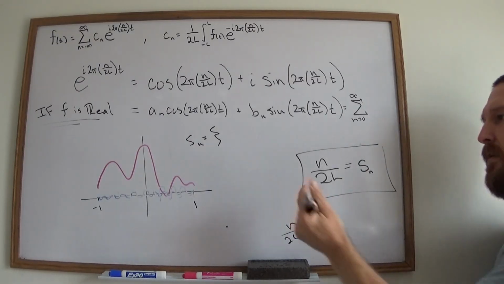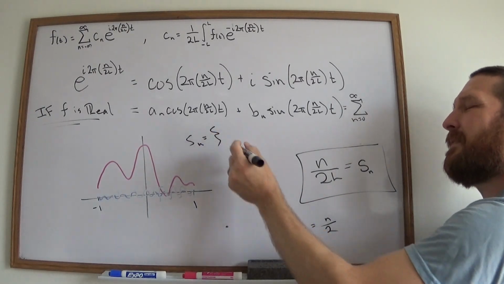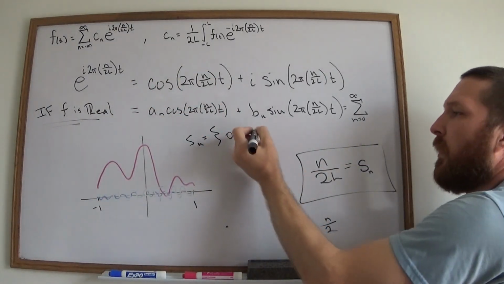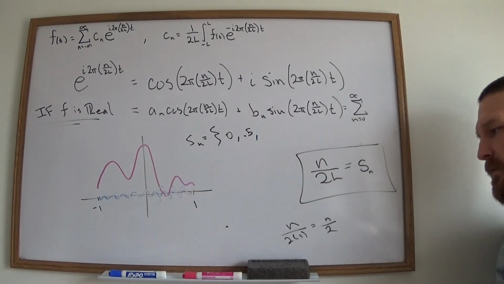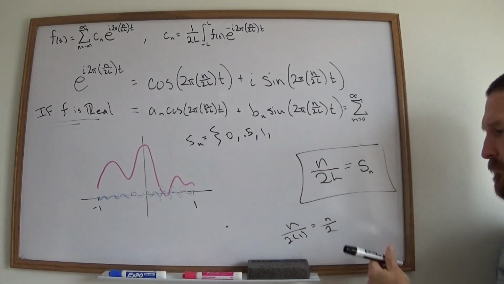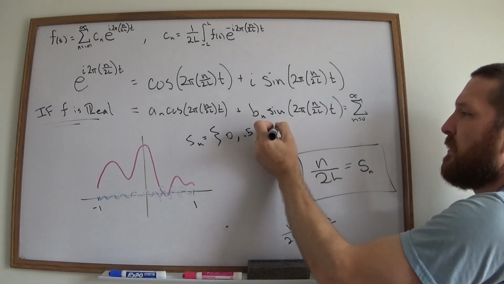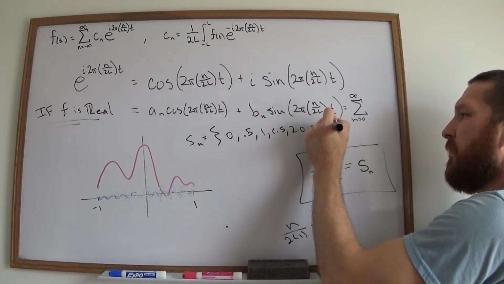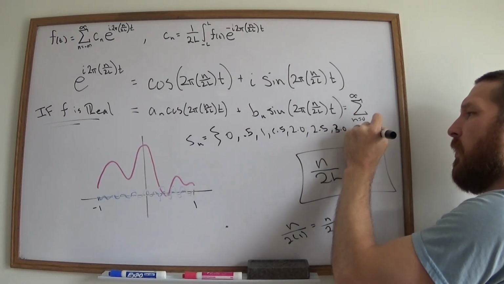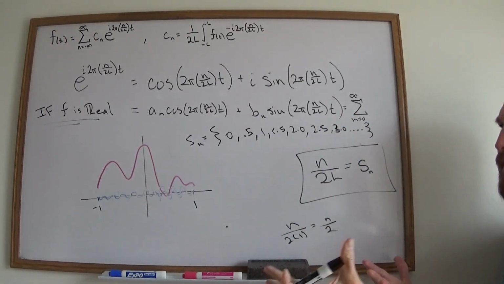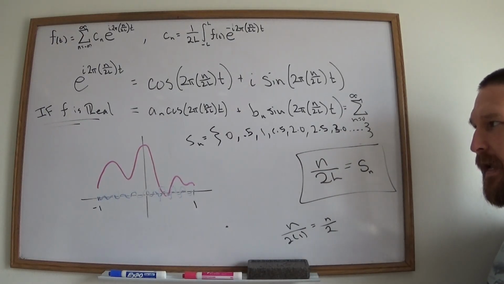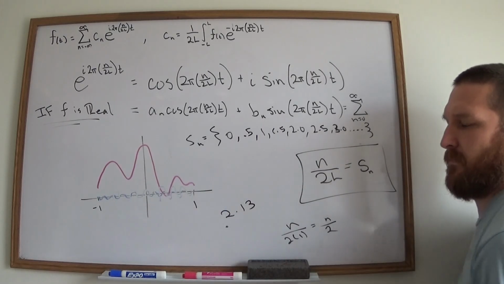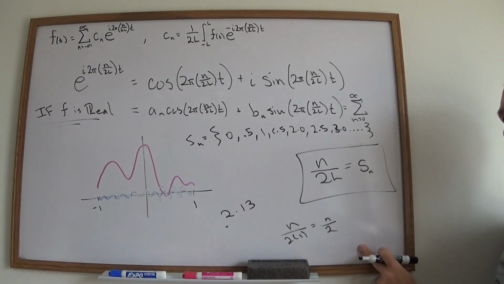We would have 0. Then when we plug in a 1, we get out a 1/2, so we'd have 0.5 as a frequency. Plug in a 2, you'd get your 1. Plug in a 3, you'd have 3 over 2 is 1.5. And so on: 2.0, 2.5, 3.0, and so on. But again, what if the actual signal itself had a frequency like 2.13? You wouldn't have access to that, would you?